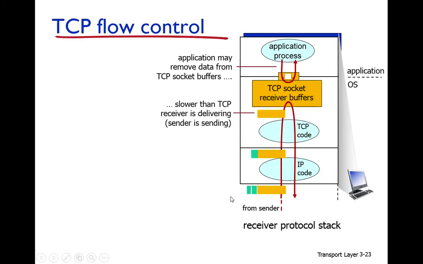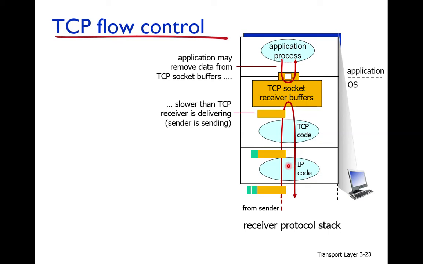As we know, when the receiver machine receives the data from the sender, the data is passed through the physical layer, then through the data link layer, then to the IP layer.